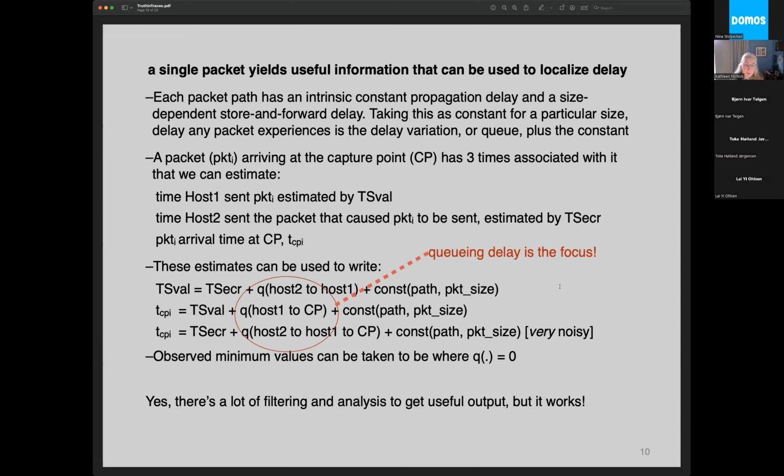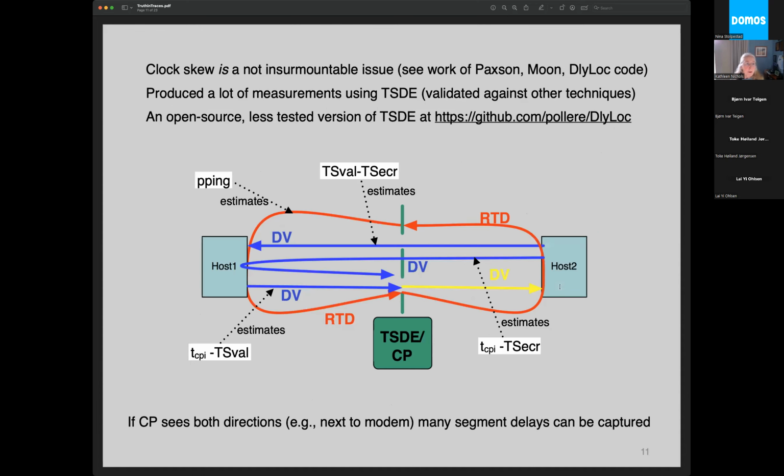You can look at packet traces in other ways. You can compare it against the passive ping delays, which are actually a different type of measurement because they only use the clock at the capture point. So yes, there is definitely clock skew. It's definitely an issue, but it's not insurmountable.